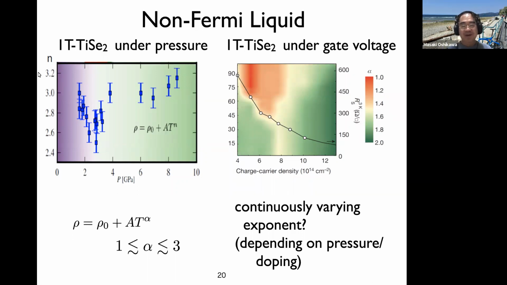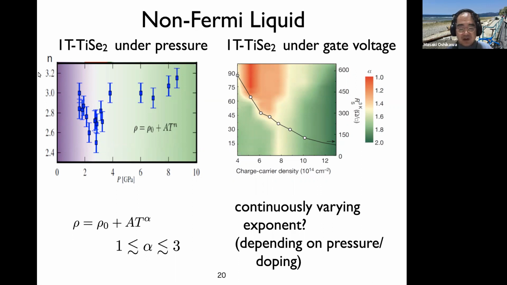But at this point, we are not yet at a point where I can theoretically predict what exponent you have under certain pressure or anything. So our theory also needs more improvement, and also maybe in experiment you have to be careful about the interpretation. I agree.